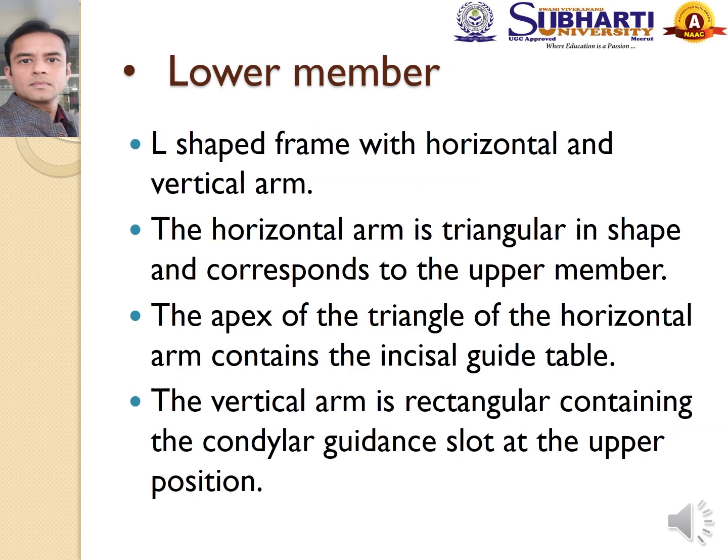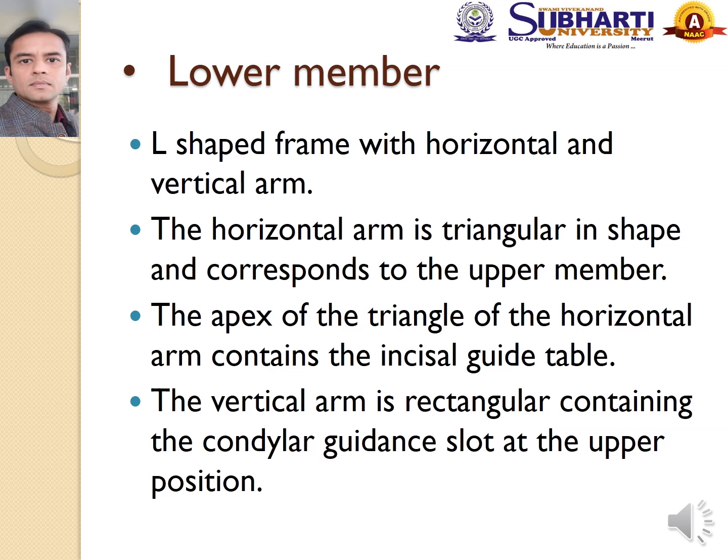Coming over to the lower member, it is an L-shaped frame with horizontal and vertical arm. The horizontal arm is triangular in shape and corresponds to the upper member, same shape, with the base posterior and apex anterior.